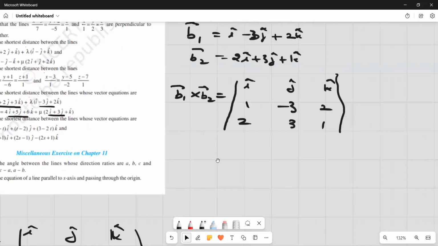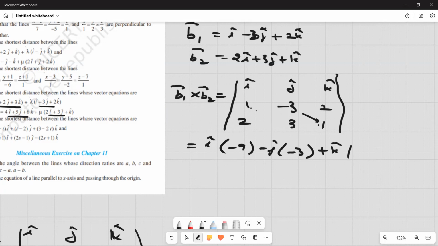So this will be i into minus 3 minus 6, so minus 9, minus j into 1 minus 4, so minus 3, plus k into 3 plus 6, which is 9. Right? So that is minus 9i plus 3j plus 9k. This is your B1 cross B2.